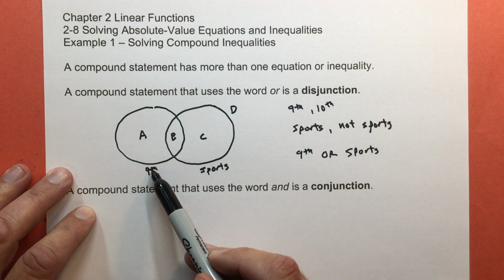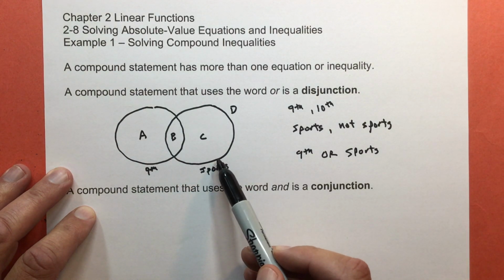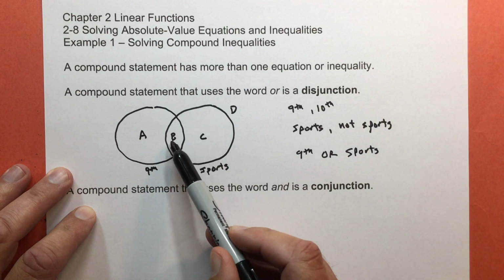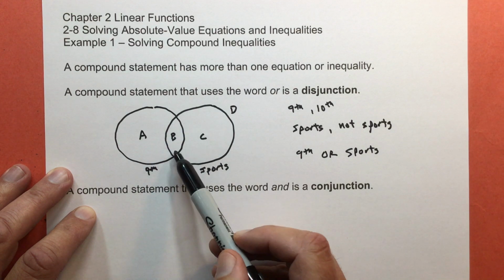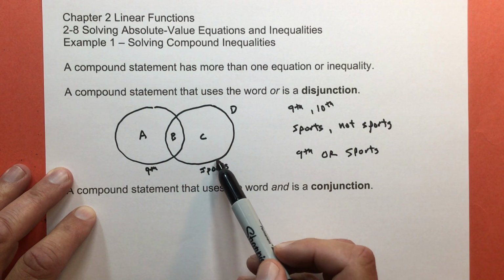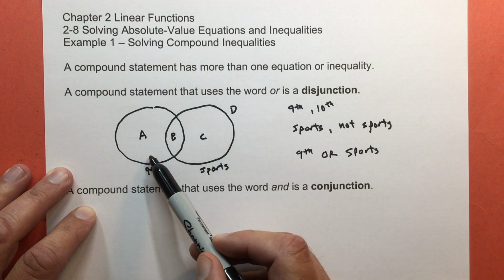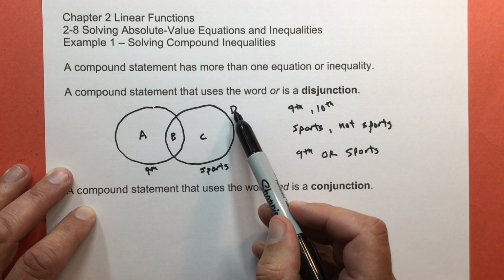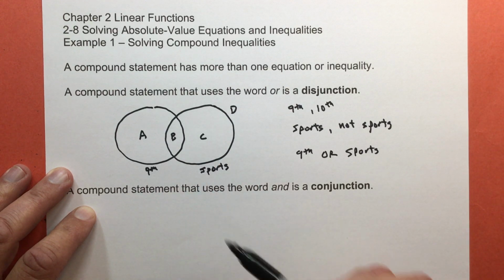A is going to be the 9th graders who are not in this circle, so they don't play sports. B is going to be the 9th graders that are in both circles, so 9th graders who play sports. C will be the students who play sports but they're not 9th graders. And D will be the students that are not 9th graders and they're not playing sports.